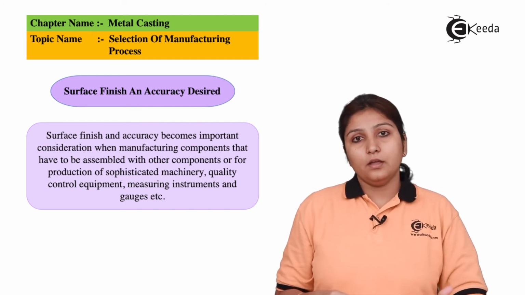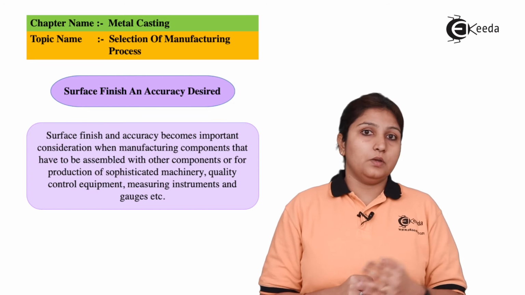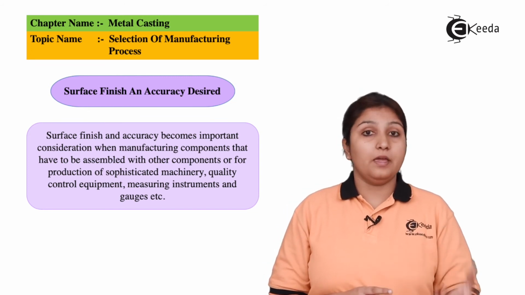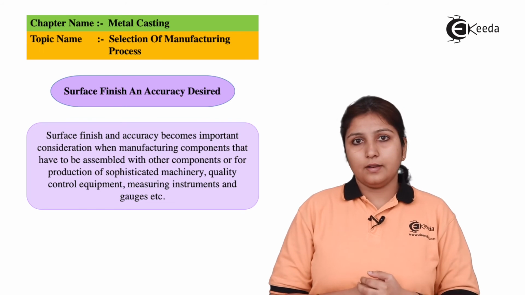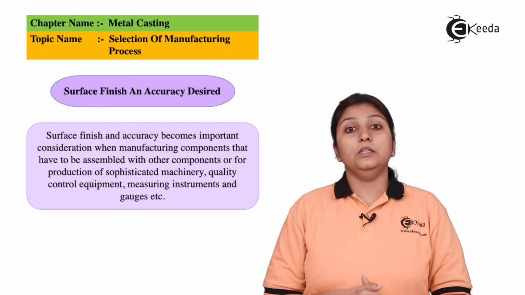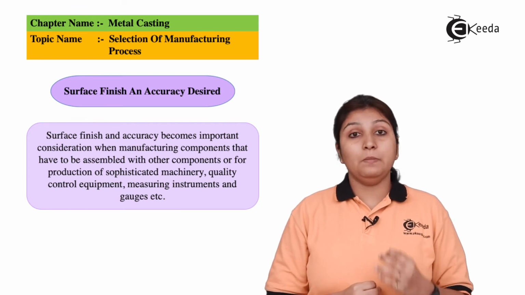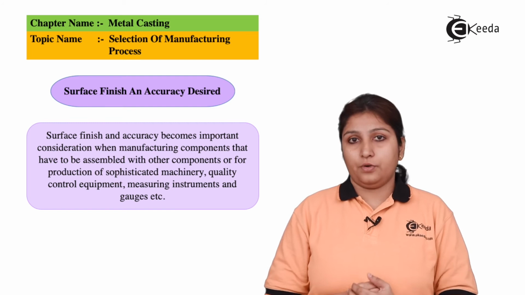According to that, we have to spend on finishing also. If a job requires high surface finish, as in a bearing, etc., then surface finish plays a very important role, and finishing is done at a top level, especially in sophisticated machining or in making sophisticated equipment.